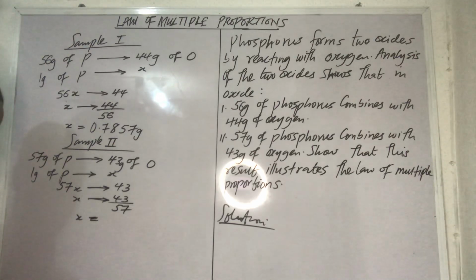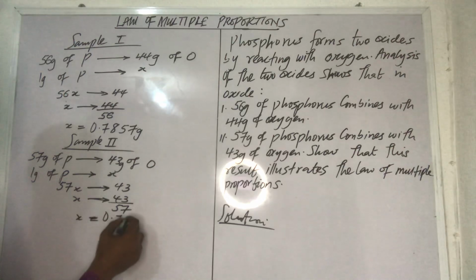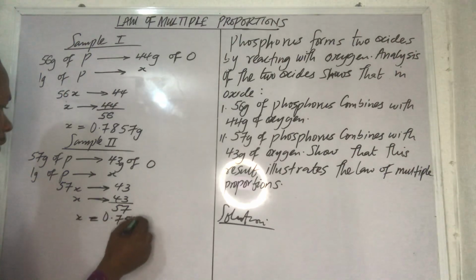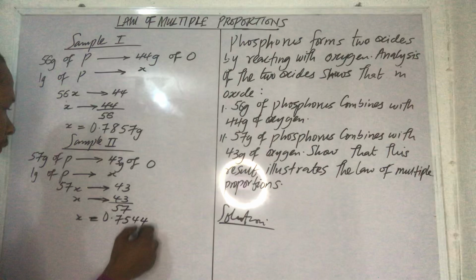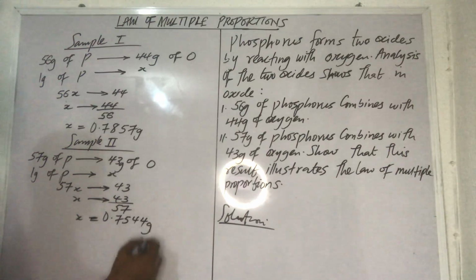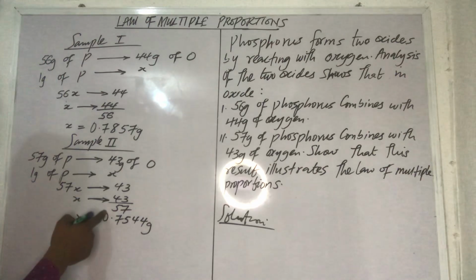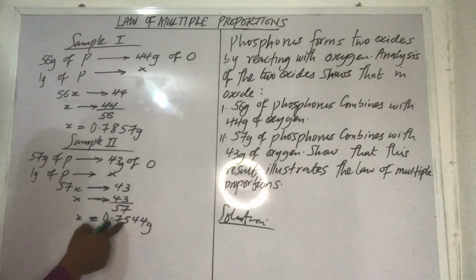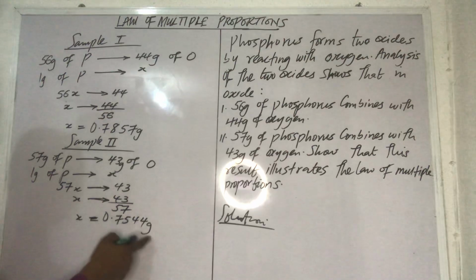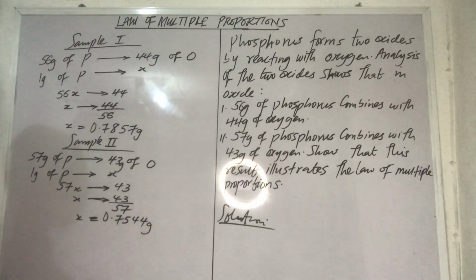We have 43 divided by 57 equals 0.7544 grams. Now 1 gram of phosphorus in sample 2 will combine with 0.7544 grams of oxygen.